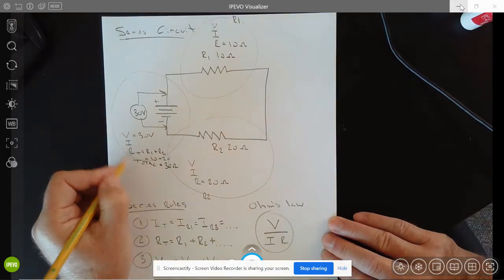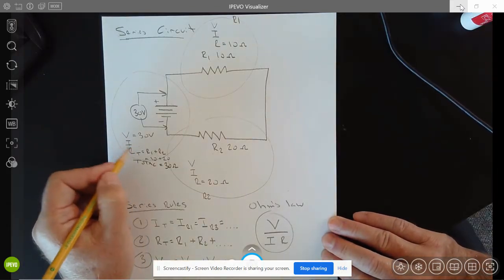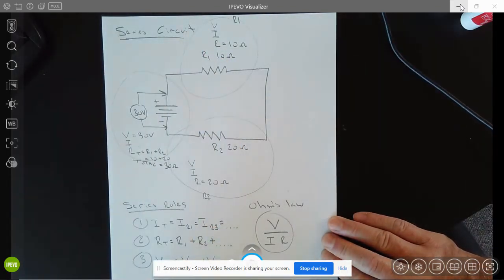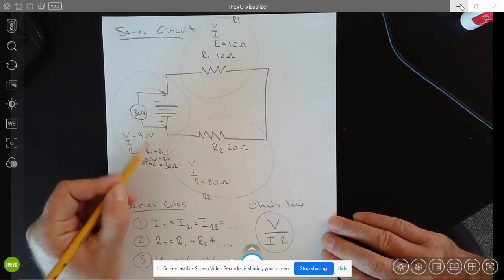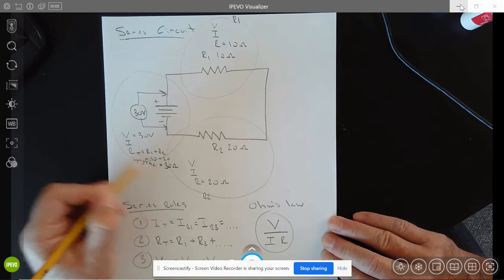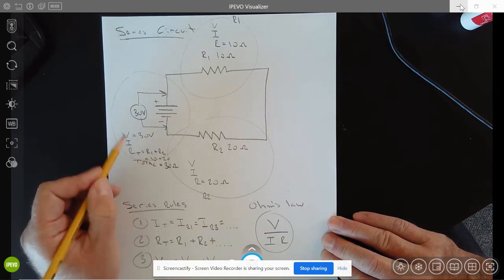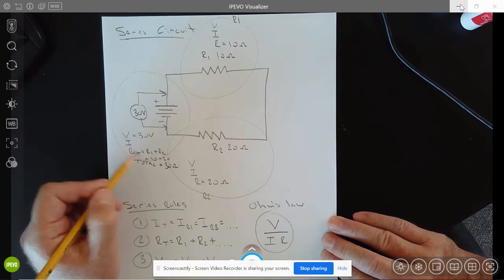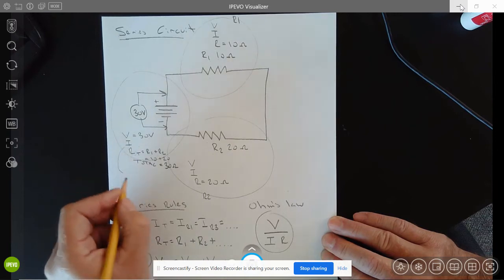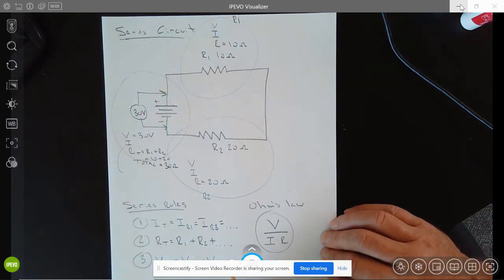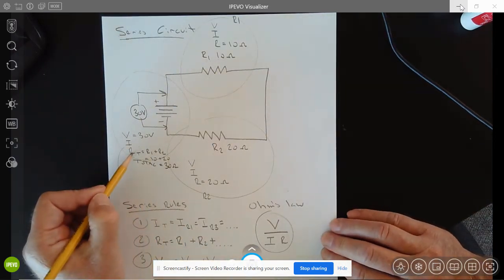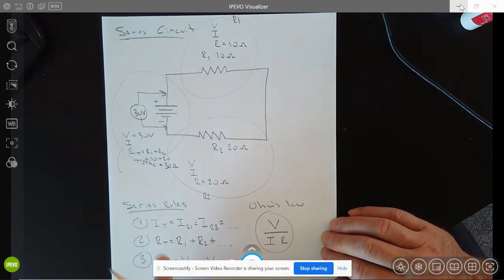So as far as the battery is concerned, the total resistance is 30 ohms. So now I know 30 volts, 30 ohms. I know 2 out of 3 in this circle, so now I can use Ohm's law. I know the voltage, I know the resistance, so I need the current.